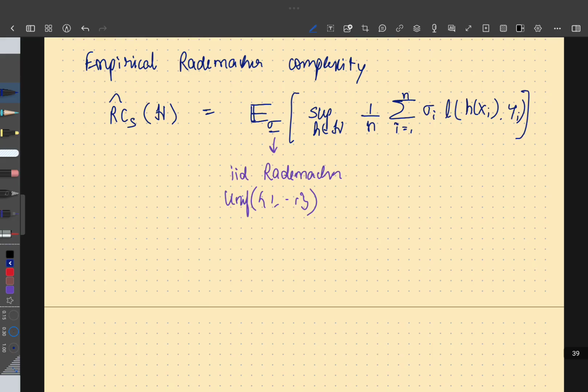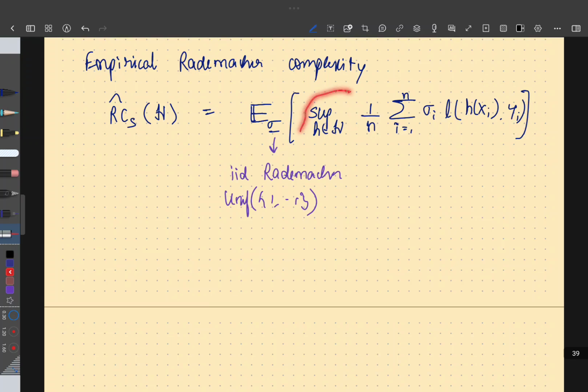Right. So what's the intuition behind this Rademacher complexity? This quantity inside, for a given H, you can interpret as an inner product between the vector sigma and the vector of losses. Sigma can be interpreted as pure random noise. It has mean 0, the entries are uniform +1, -1.